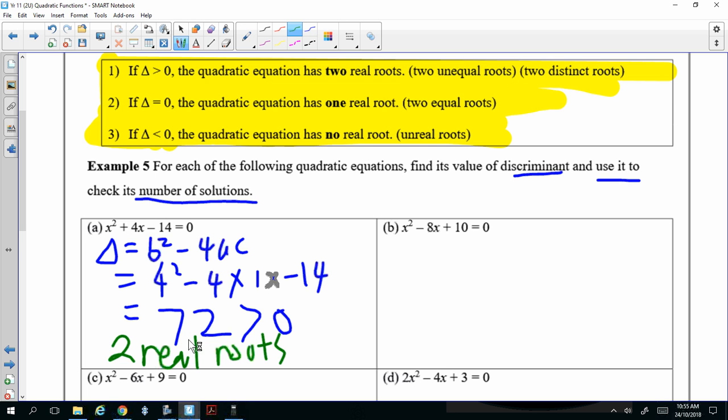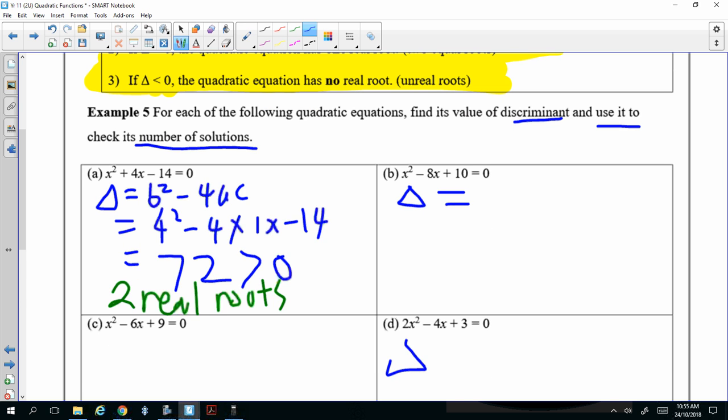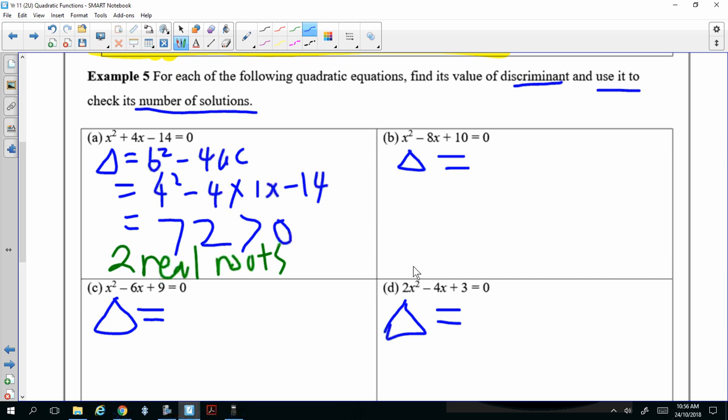Alright, try the next one. Find the discriminant of each and write a conclusion. Use the calculator, but you still have to write down the discriminant and then write a conclusion.